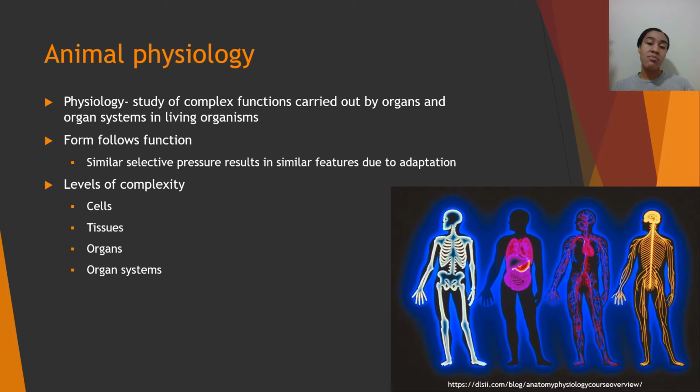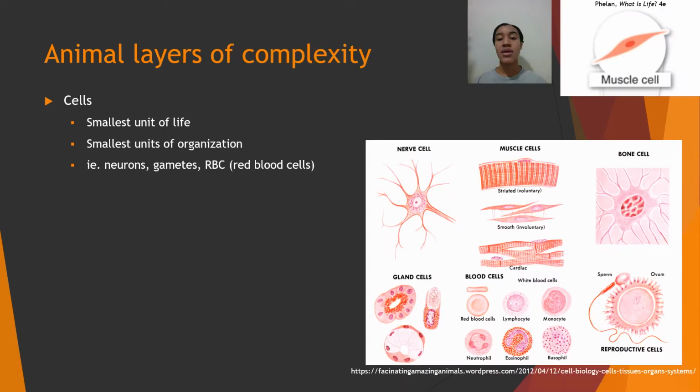The base level of complexity is cells, and then cells make up tissues, tissues make up organs, and organs make up organ systems. The simplest layer in animal biology, the first level of the hierarchy, is the cells. As you may remember from 1103, cells are the smallest unit of life. They're also the smallest unit of organization.